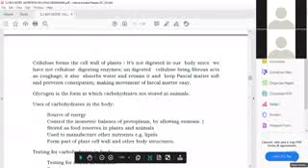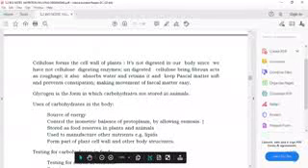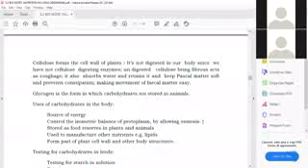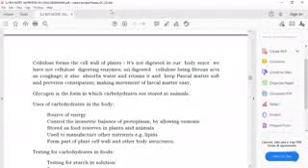Now, I want us to understand the uses of carbohydrates in the body. Yes, can we get the uses of carbohydrates in the body?